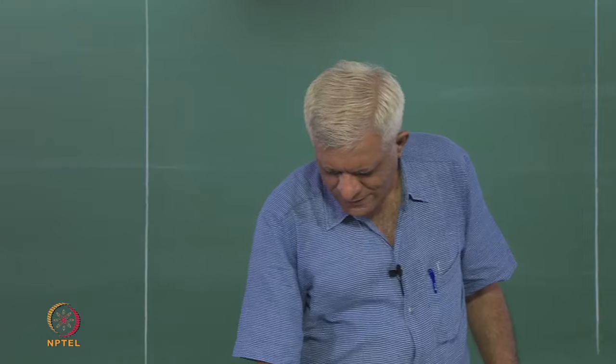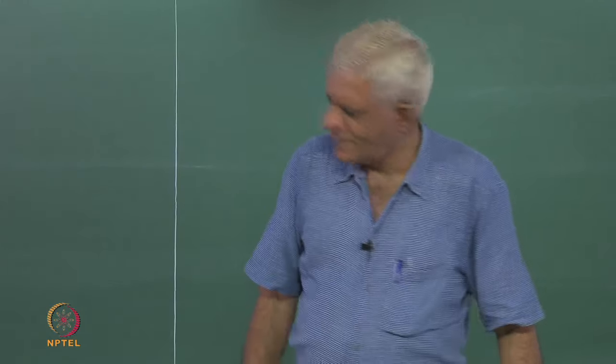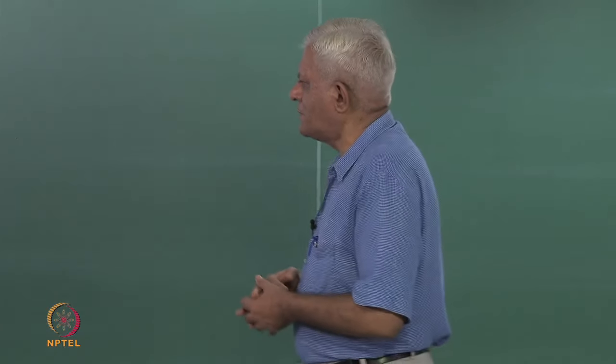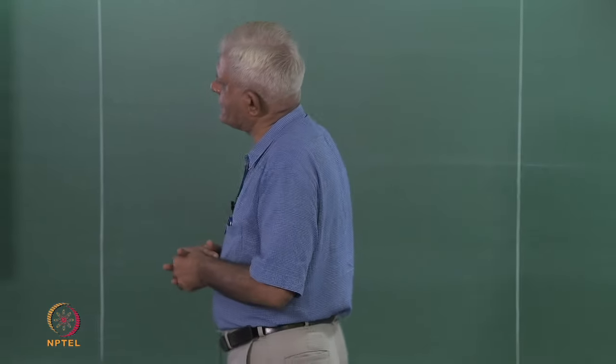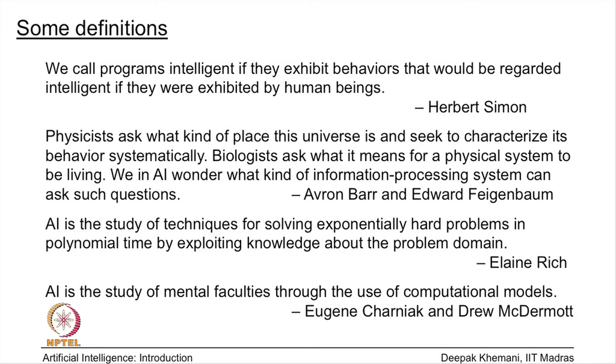Let us look at another old definition. This is by Barr and Feigenbaum, also two old timers in AI. Their definition says that physicists ask what kind of place this universe is and seek to characterize the behavior systematically. Biologists ask what it means for a physical system to be living, and we in AI wonder what kind of information processing system can ask such questions.